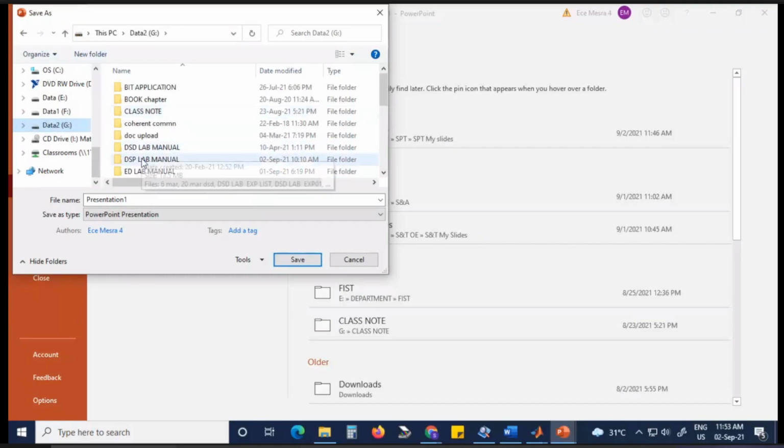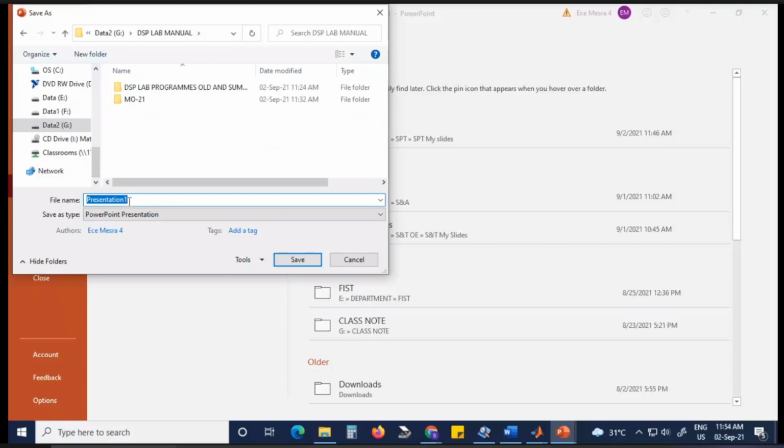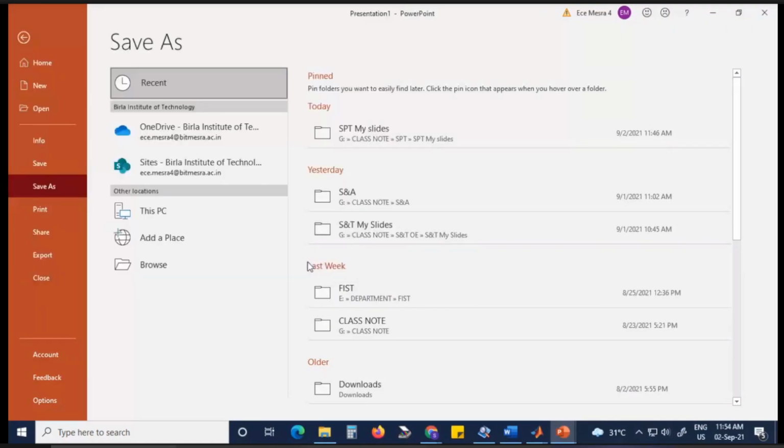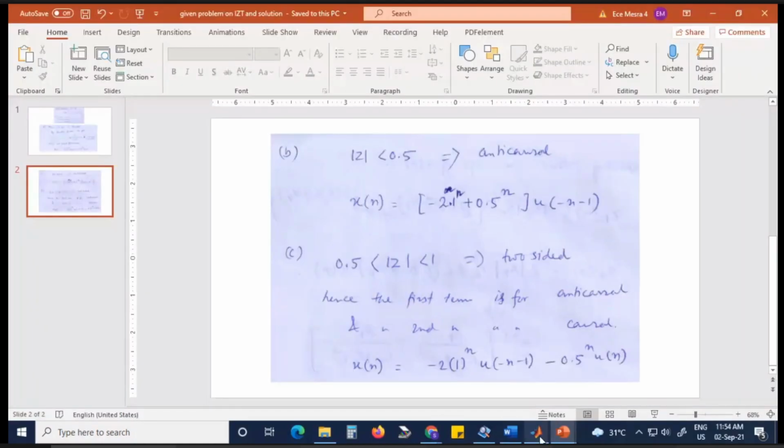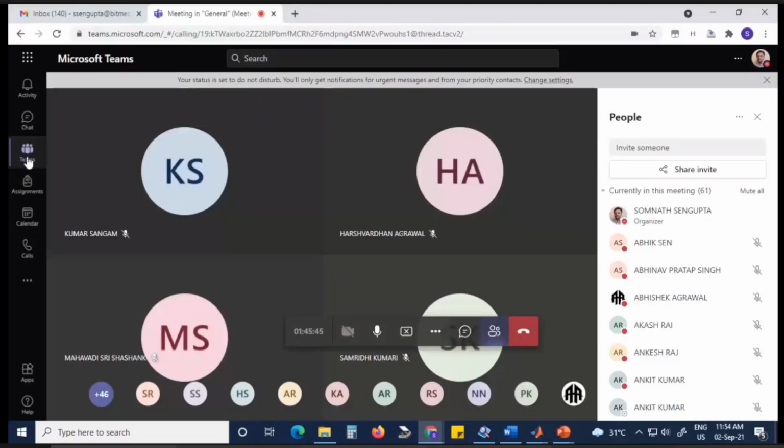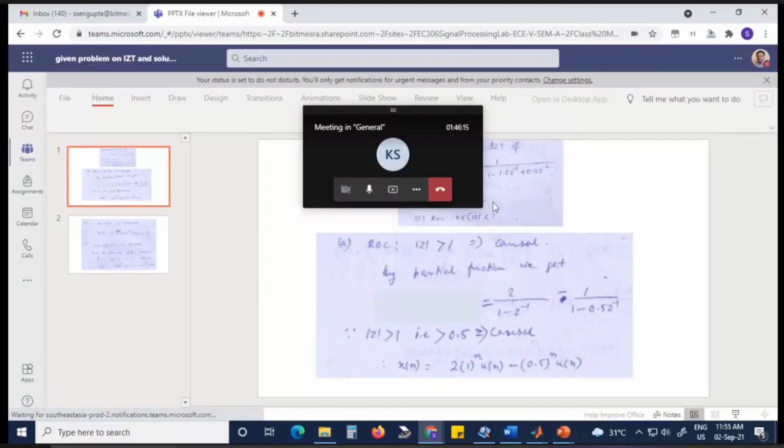TSP Labs. To make the MATLAB program. Understood?